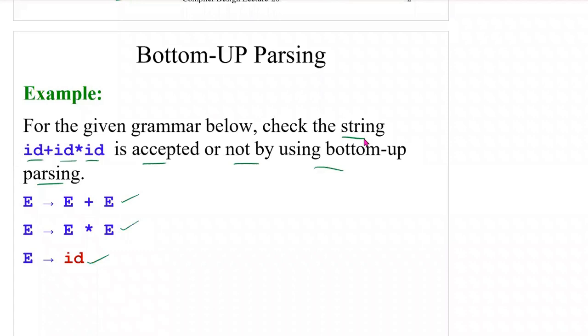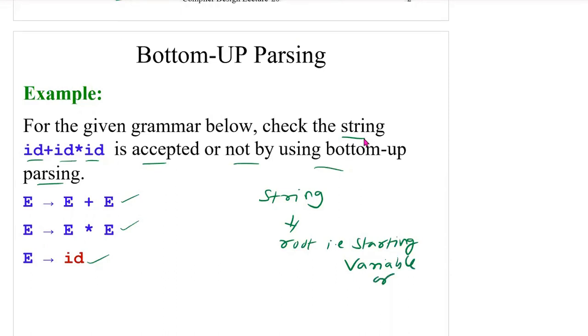Now, we take the string and derive its root, that is the starting variable or non-terminal. This is called bottom-up parsing. So how do we do this?